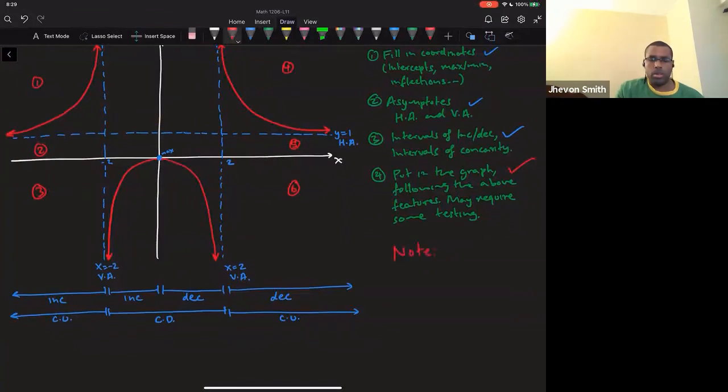Note, we cannot be in regions 3 or 6 since we'd create an x-intercept.